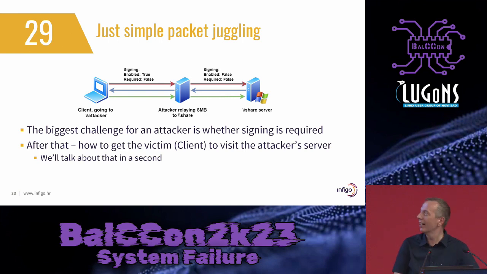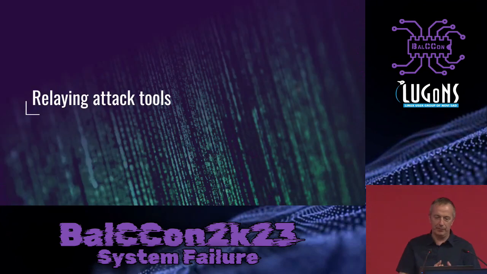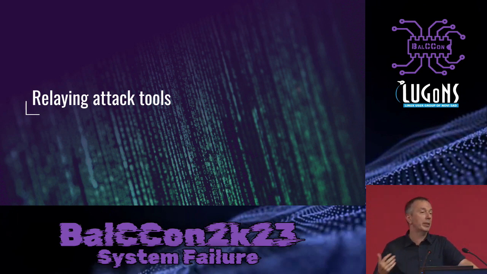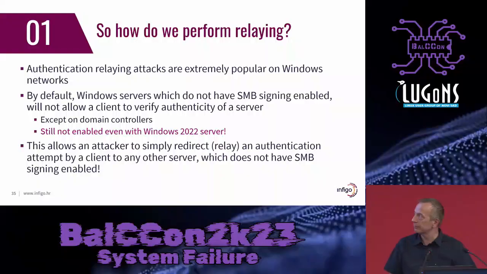So let's see how we can exploit this. And again, if anyone here does any network pen testing, these will be the tools that you are very, very familiar with, but I wanted to check why they work and how they work. So again, with these authentication attacks, if signing is not enabled, then we can relay things around. And what I normally do when I come at a client is to enumerate the target list of servers.